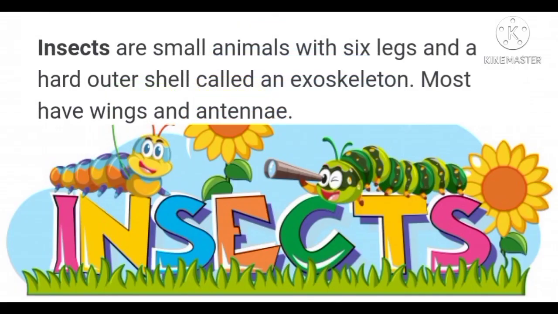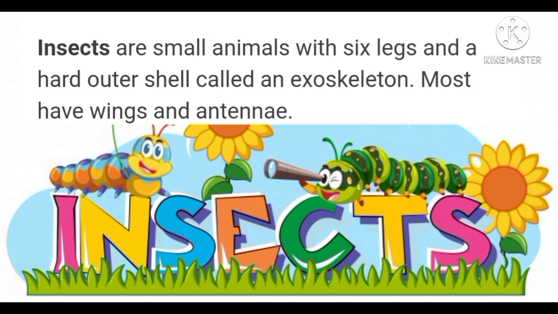First, let's see the definition of insects. Insects are small animals with 6 legs and a hard outer shell called an exoskeleton. The skeleton of an insect is present outside, which is known as exoskeleton. But in humans, the skeleton is present inside the body and that is known as endoskeleton.